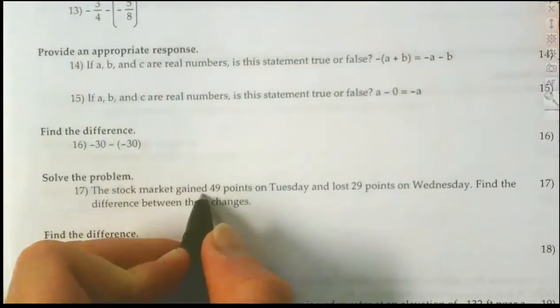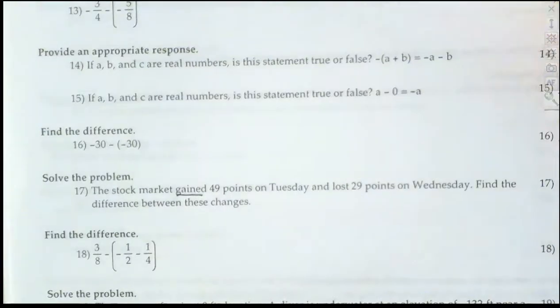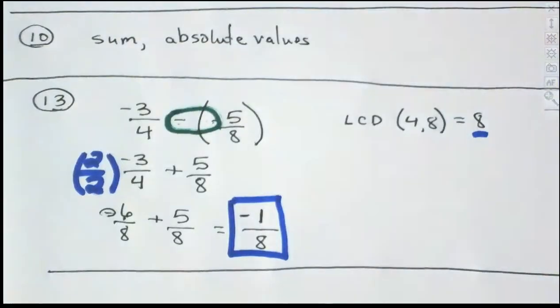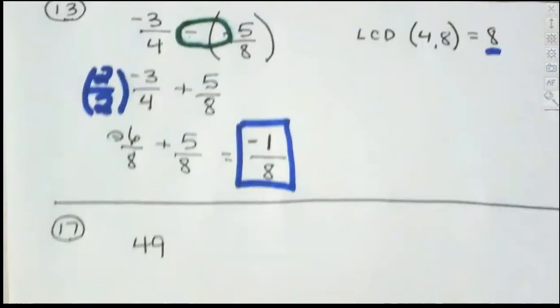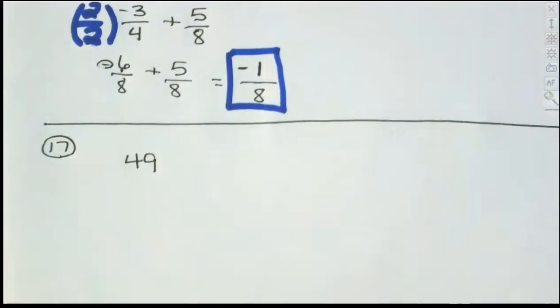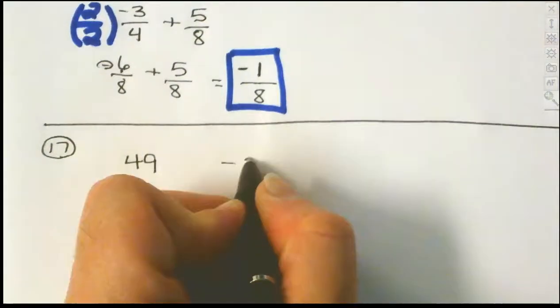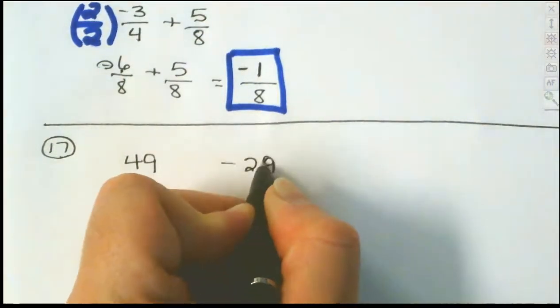Stock market gained 49 points. So that's going to make that a positive 49. So that's our 49. And then it lost 29 points on Wednesday.